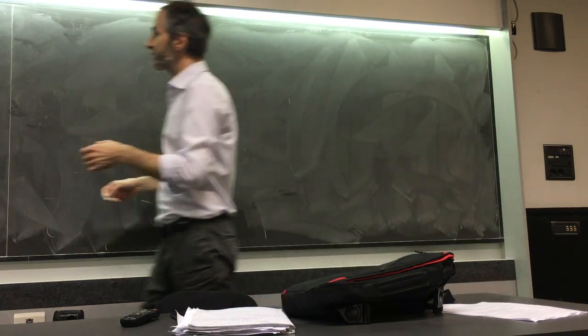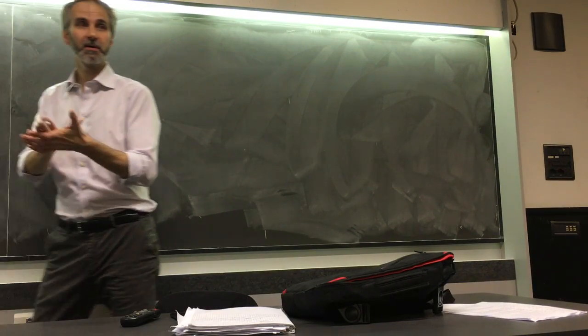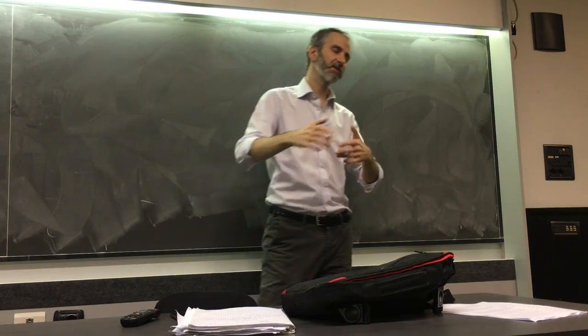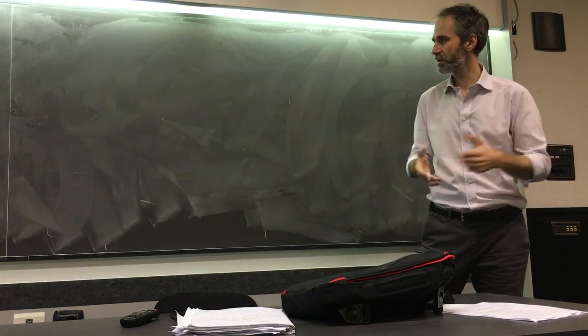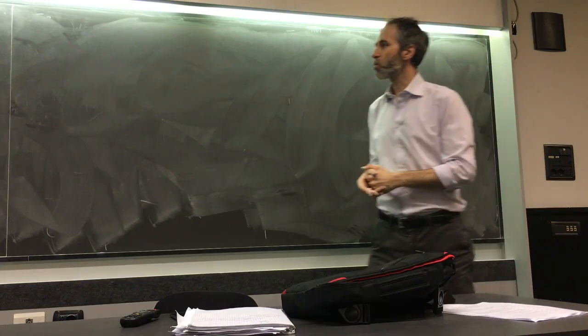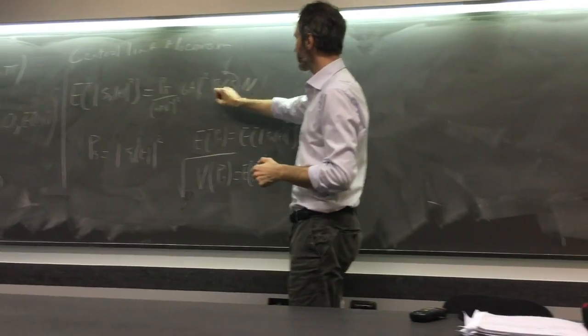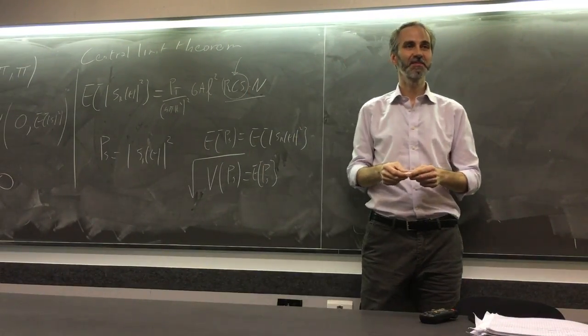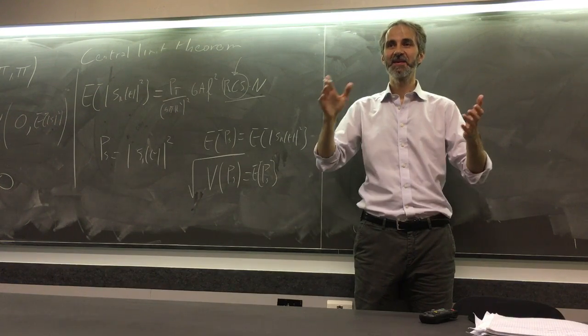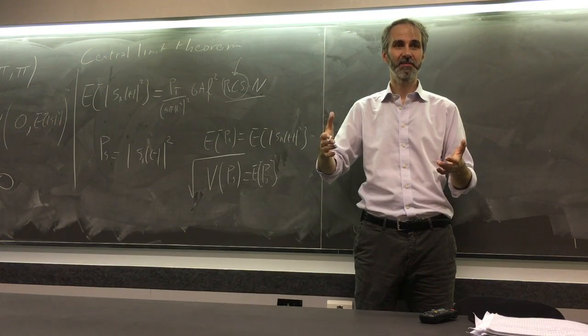So the idea is that this RCS is only due to the target, even though it is not exactly the case as we discussed. Now, we have this factor n, which is again due to the system.